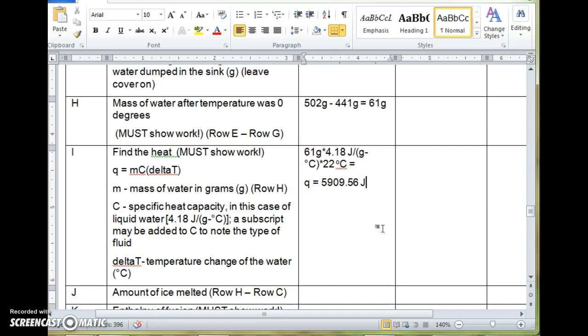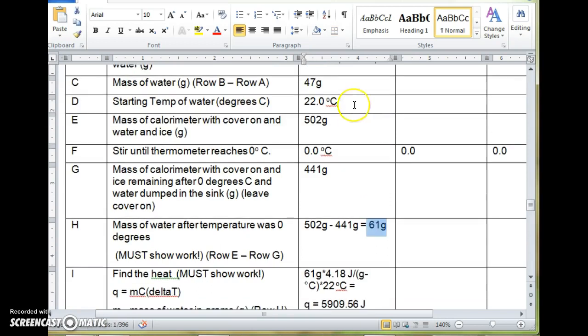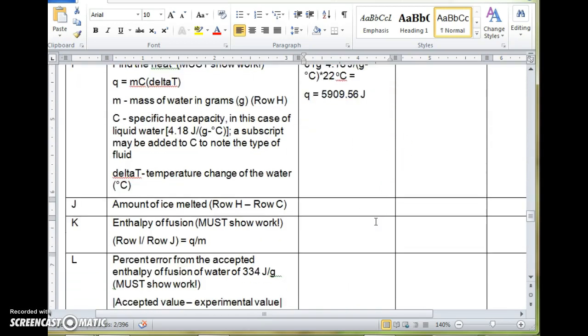All right, so now I want to know how much of the ice melted. I started out with 47 grams of water, and that increased up to 61 grams of water. So we had a change in water, and of course, where did that water come from? It came from the ice. So if I want to know how much ice melted, I'm just going to subtract those two numbers.